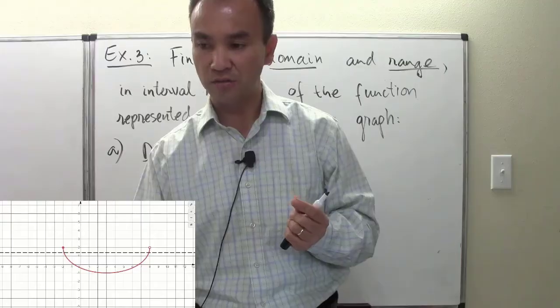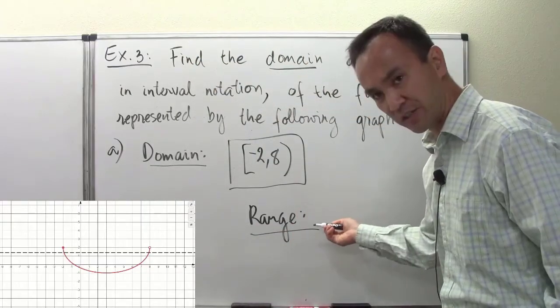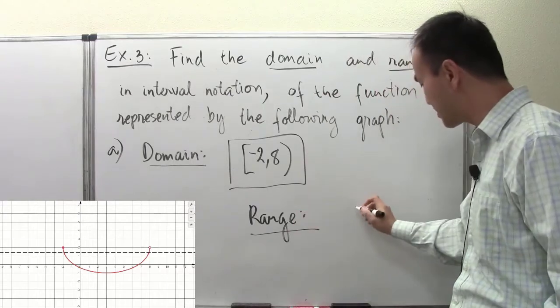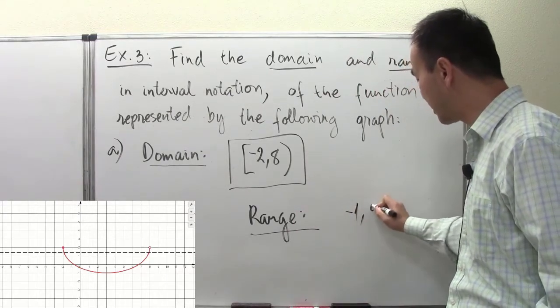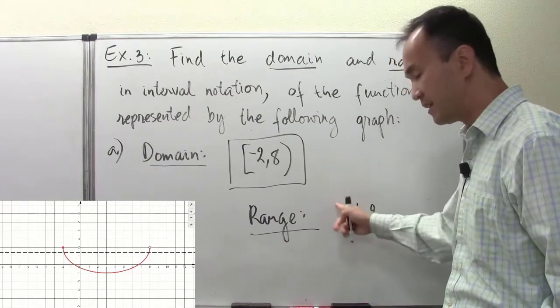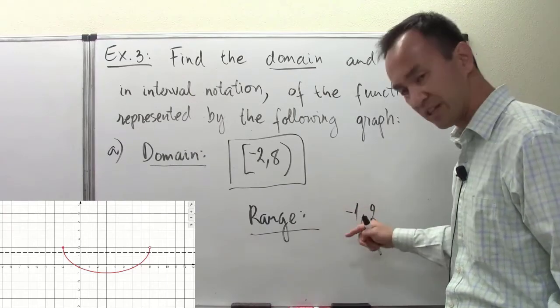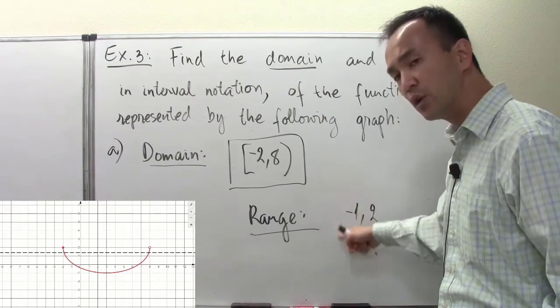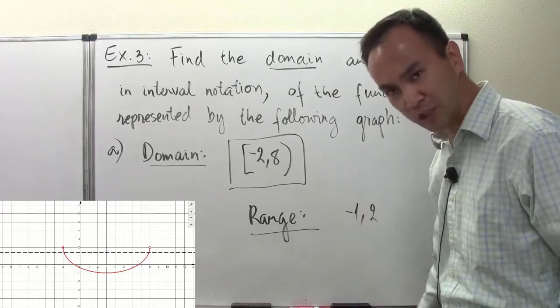So apparently the range here, the outputs the function produces, fall anywhere in between -1 and 2. So we have an interval already, and now let's find out what the end behavior is on these two ends right here. Are we including the endpoints, or excluding the endpoints, or only including one of the two endpoints?